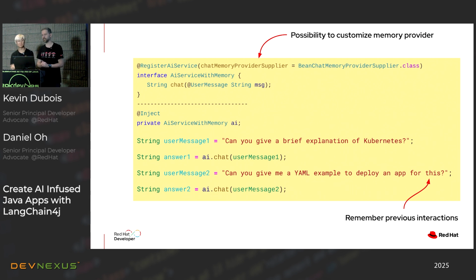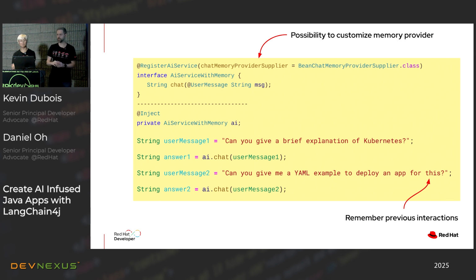I don't know what you're talking about. But because we have this chat memory provider, it will actually respond saying, yes, I can give you a YAML, a deployment, and a service to deploy your application to Kubernetes. So that's how you can keep track of a conversation with a model with LangChain4j.